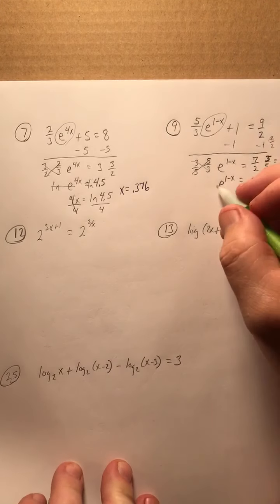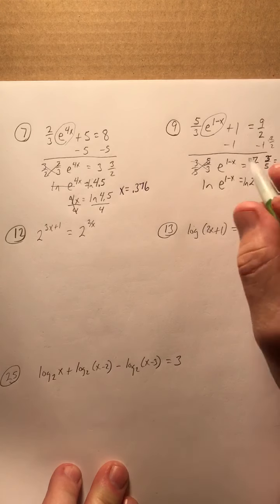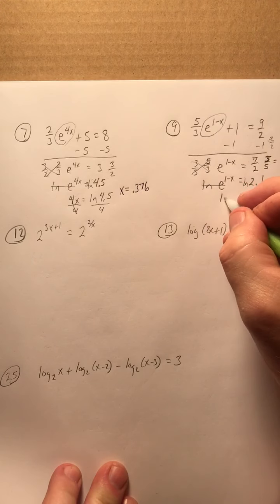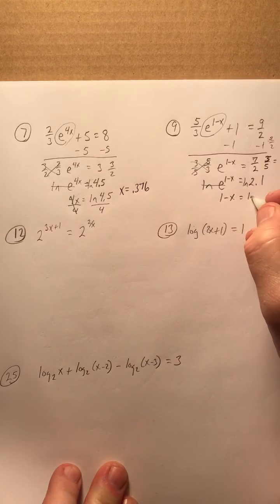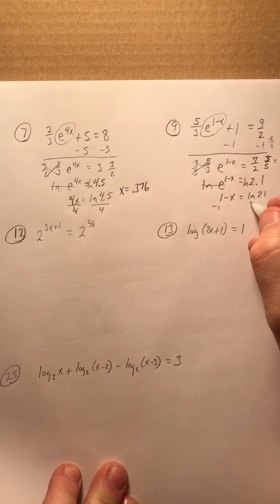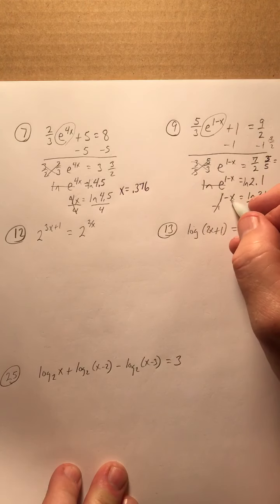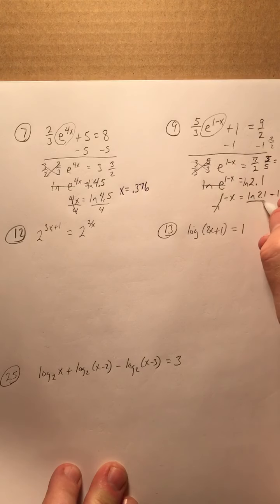Then I do the natural log to get rid of the e, and I get 1 minus x equals the natural log of 2.1. Then I have to subtract 1, and then divide by negative 1 to get rid of that negative sign.